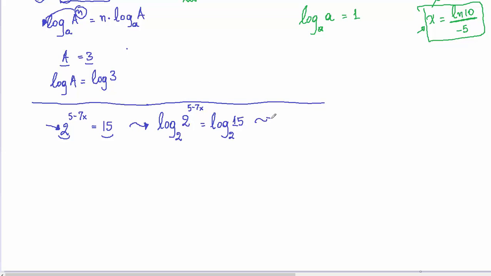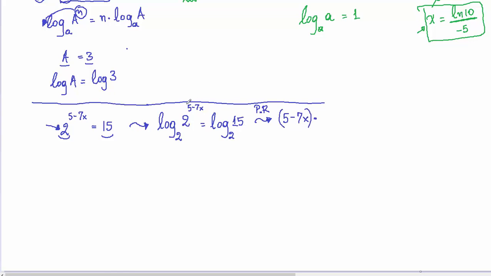And this is going to give me the next step, and the next step will be using the power rule. Why? Because I want to bring the 5 minus 7x down from the exponent. So now I have 5 minus 7x. Put it in parentheses.